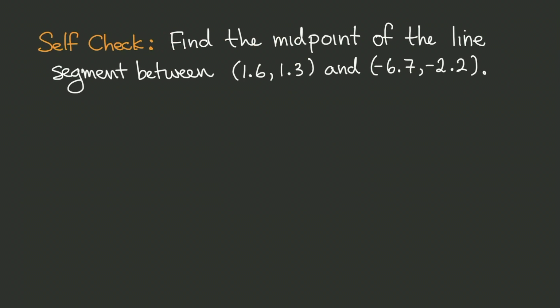Let's check for understanding. Work this one out on your own, and then come back and check your answer. So we're supposed to find the midpoint of the line segment between these 2 points. Let's label them as x1, y1, and x2, y2. Then the midpoint will be obtained by taking the average of the 2 x values, right?